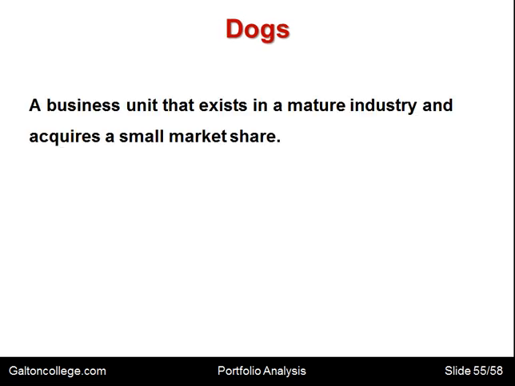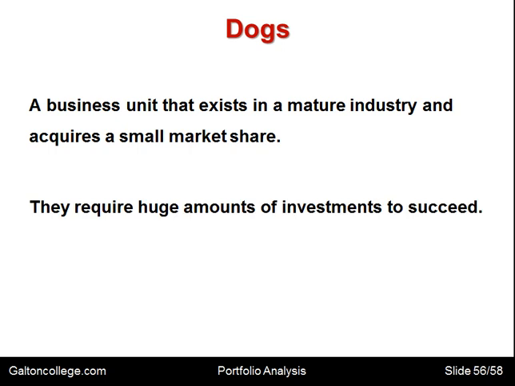Now dogs, well, almost as the name suggests, these are the ones that are not doing very well. Business units that exist in a mature industry and have a small market share. So they're in a mature industry, a mature market, and they have a small market share. They require vast amounts of investment to succeed. They need a lot of investment to succeed.